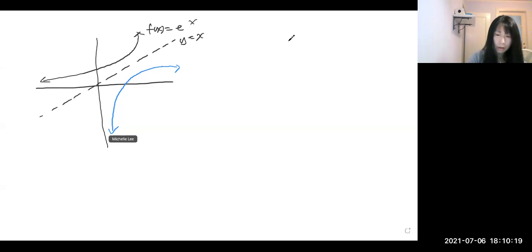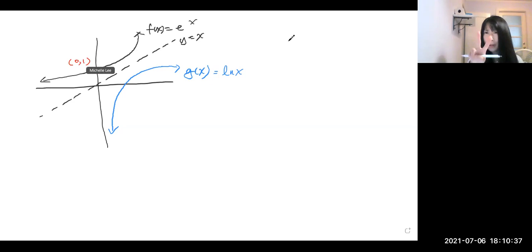So g of x equals what is called ln x, all right? Look, we have this point 0, 1, and the coordinates are swapped, which is 1 and 0, right? So we had ln 1, which is 0.